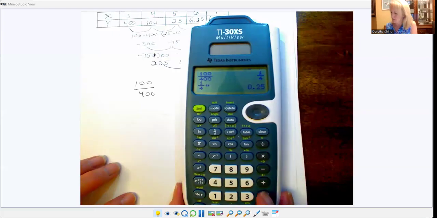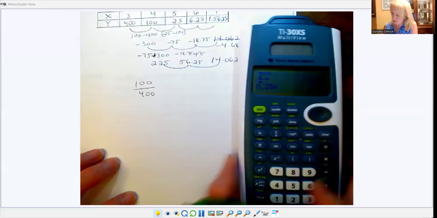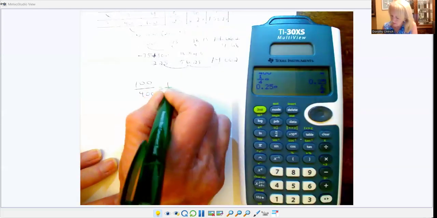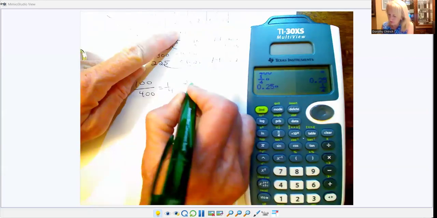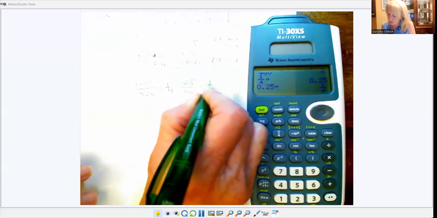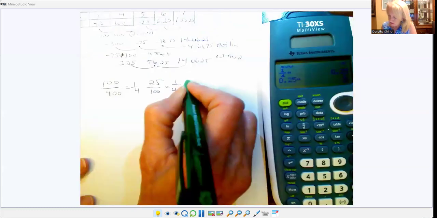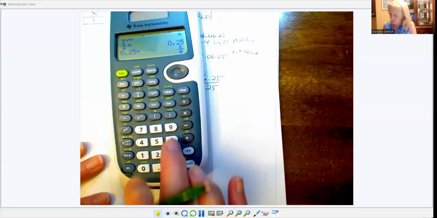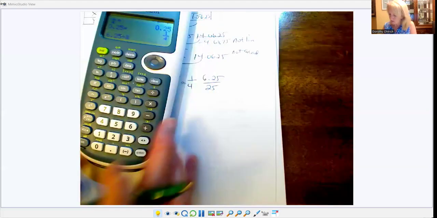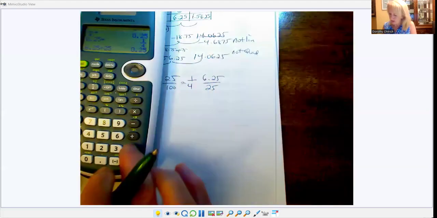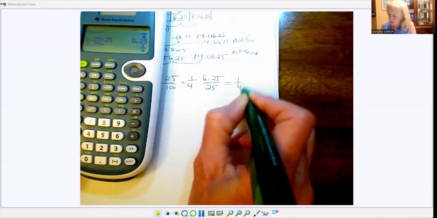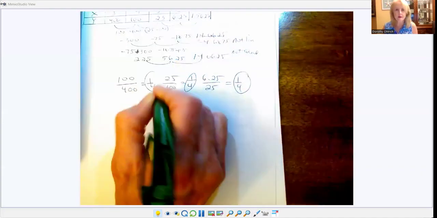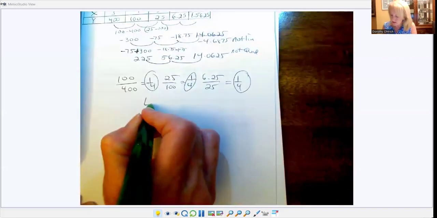A quarter is the same thing as 0.25 and 1/4. Take 25 divided by 100. You also get 1/4. 6.25 divided by 25, just to prove it, is 0.25 or 1/4. So we found a common ratio. That means this is exponential.